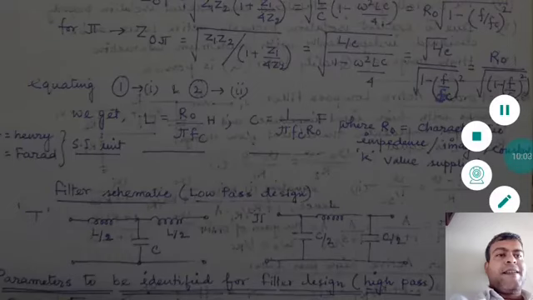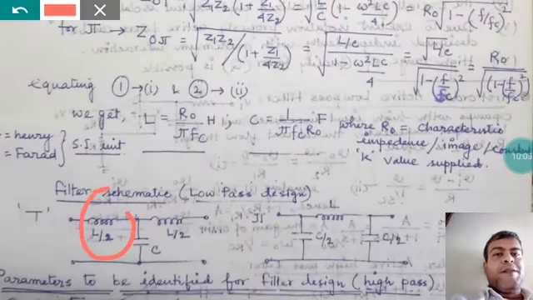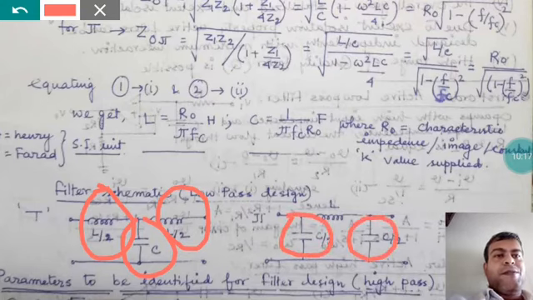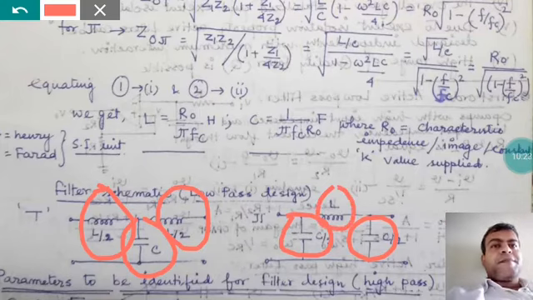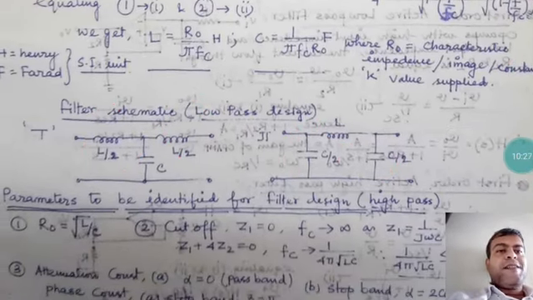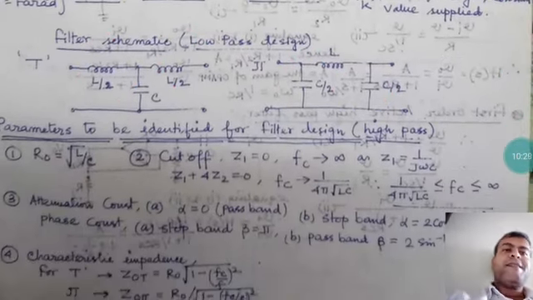Now you have to consider it the other way, that is Z2 by 2, Z2 by 2, that is 2Z1, it means L. So it is a pi model, it is a T model. Okay, so that is a low pass filter. Now the parameters to be designed for the high pass filter, if you are doing this.